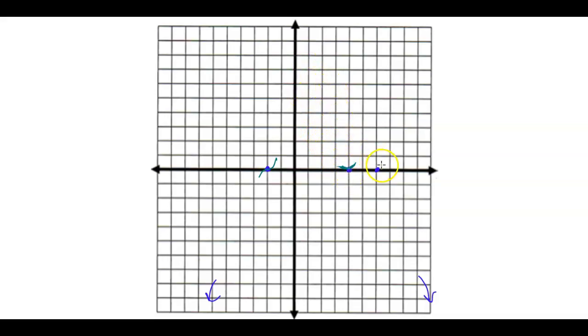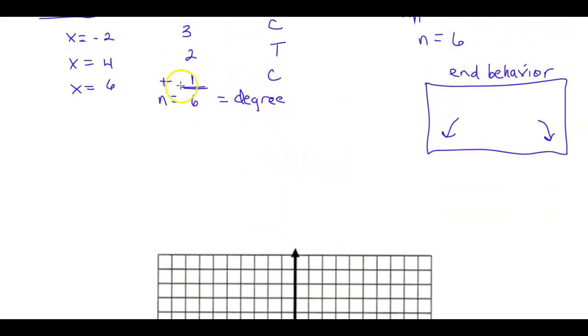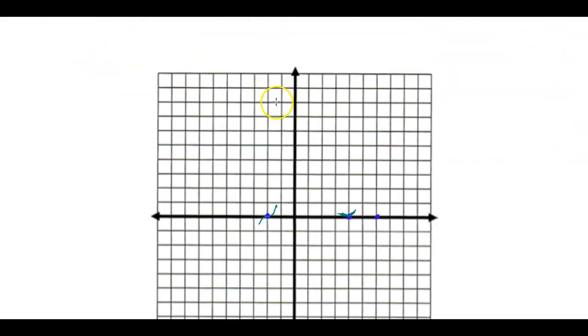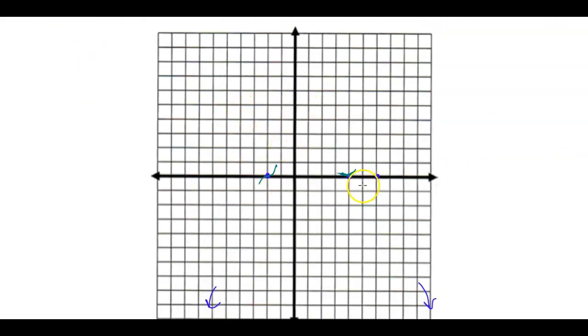And then lastly here at x equals 6, I know that my multiplicity is 1, so it's going to have to cross through, but cross through like a line, okay? And so here, if I cross through, I've got to come up here, get back down, cross through like a line, and get back down here.